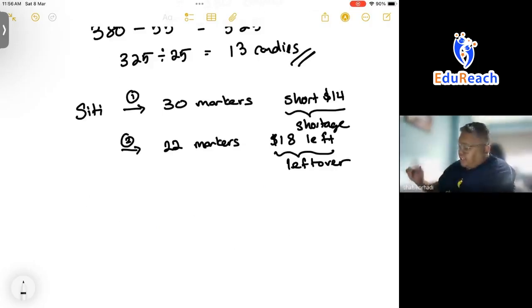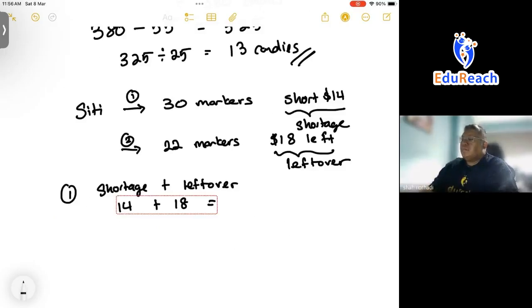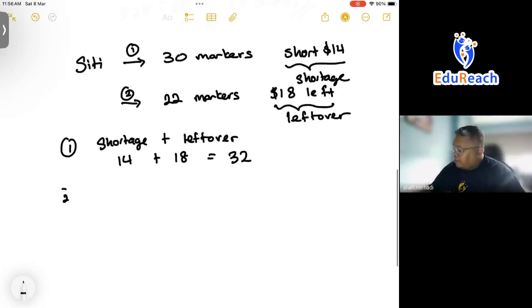So what is the first step to do shortage and leftover? First is to take shortage plus leftover. So you need to take $14 plus $18. What will it be? $32. This is the first step. Second step, what is the second step? Is to find the difference between the markers.